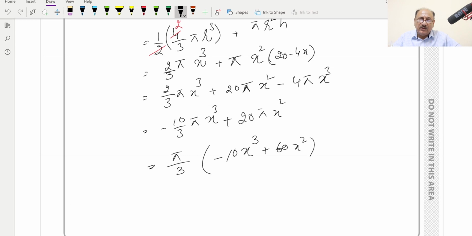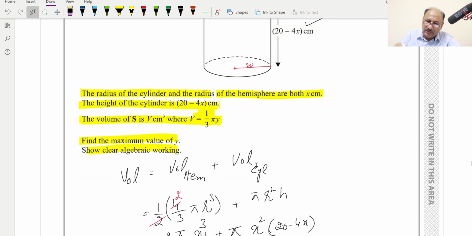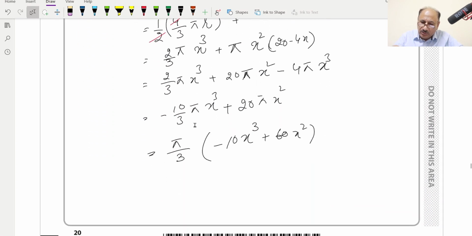So this is in the format which they have provided over here. See, they have written V is equal to 1 by 3 pi y. So if we compare that equation with this, so our y will be this one. So this will be our y value. So we can write y is equal to minus 10x cubed plus 60x squared.